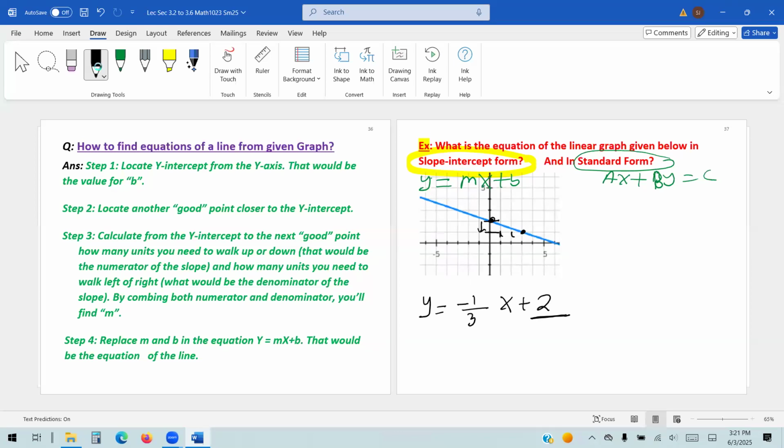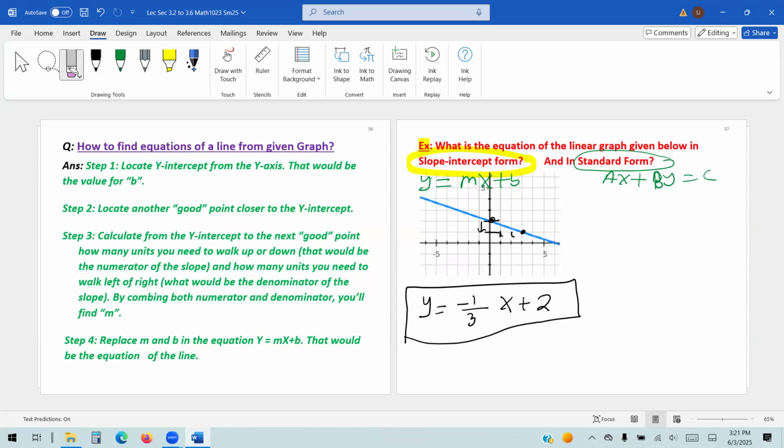So from the y-intercept to go to that, we go 1 down and then 1, 2, 3, right. 1 down means negative 1, and 3 to the right means positive 3. So we found our slope intercept format easily without doing any math.